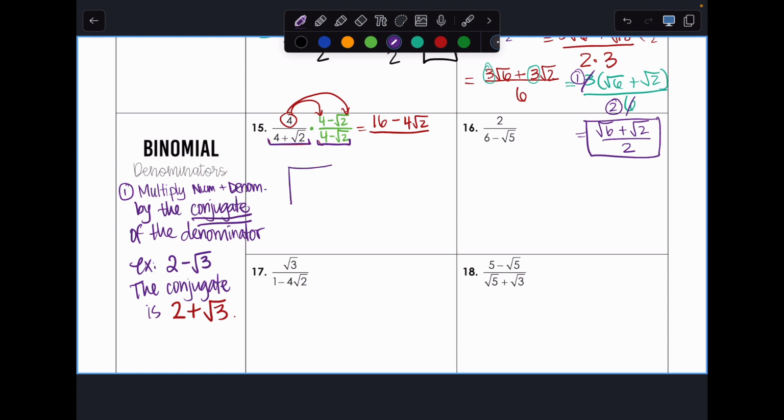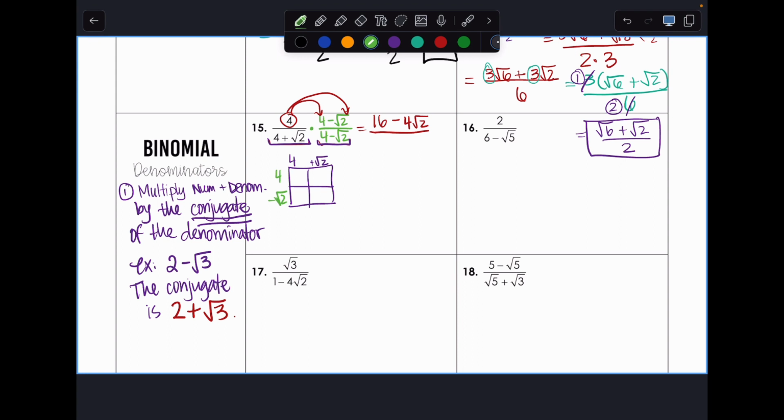So we take the 4 plus rad 2 times 4 minus rad 2, and we multiply. You can use FOIL if you want. I really don't care what you use in terms of multiplying binomial with binomial, but you do want to make sure that you're multiplying correctly.